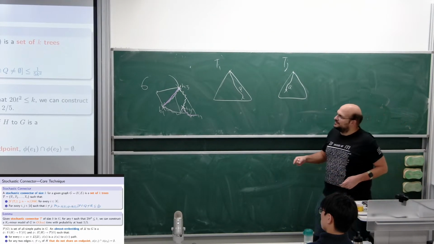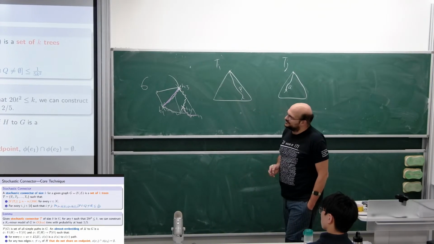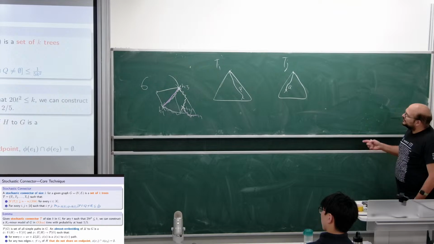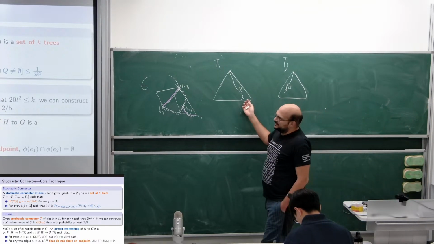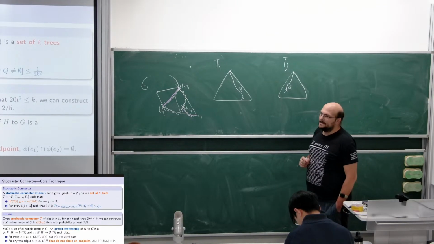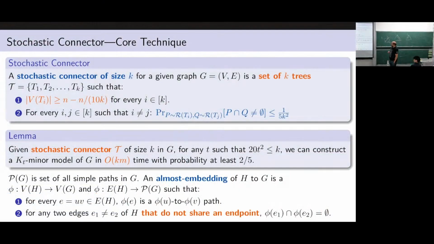And this looks surprisingly similar to the definition of stochastic connector, right? But let's see. Now let's find an almost embedding using stochastic connectors. Actually, I'm a bit confused. Is this almost the definition of a topological minor?